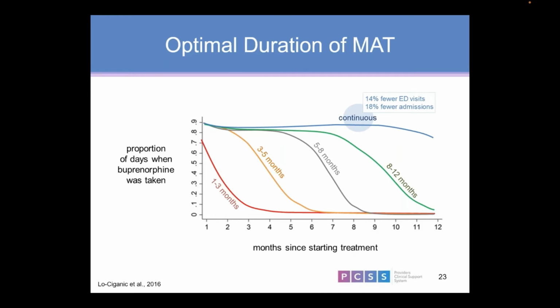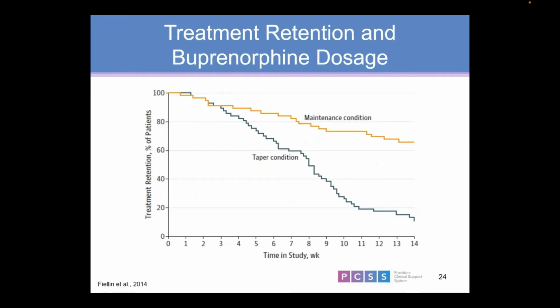So here's one study really identifying that at 1 to 3 months, the recovery rate is not good. 3 to 5 months better, but still not as good as continuous use. Patients, if they stay in treatment, they get further and further along in stabilizing their disease and stabilizing other areas in their lives, important biopsychosocial areas of their lives.